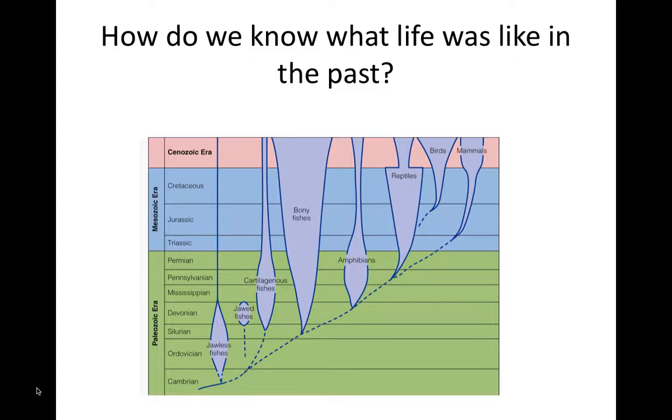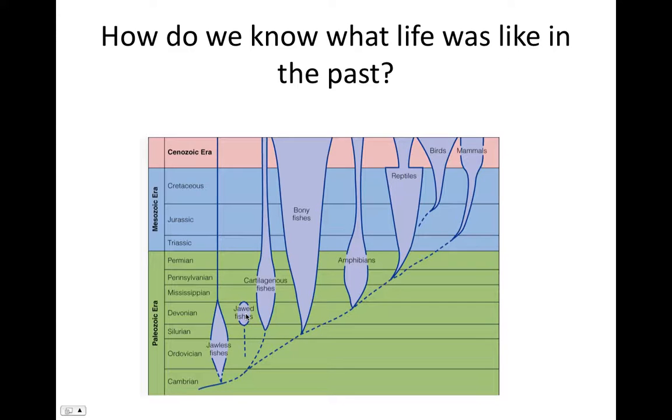In this figure, we see the basic tree of vertebrate evolution. Early in the Paleozoic, the Cambrian, complex animals come on the scene. We have the first vertebrates, animals with a backbone. Moving forward in time, the first vertebrates are jawless fish, of which there are still some around today.